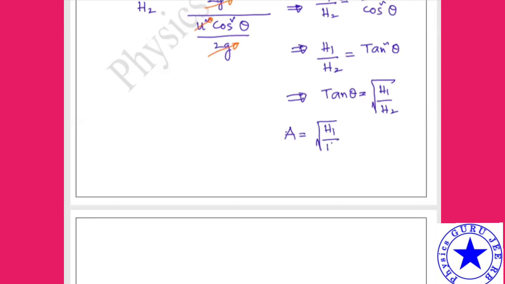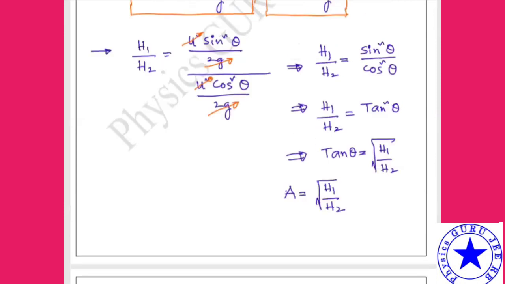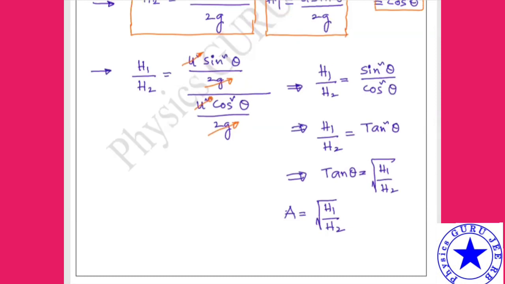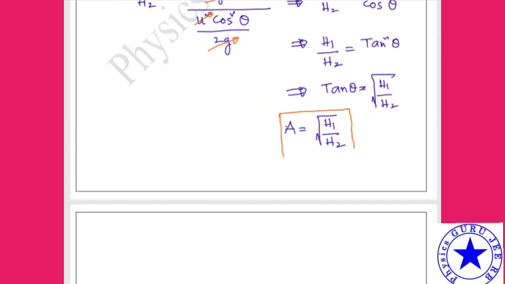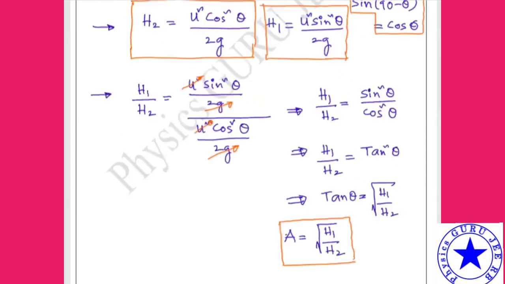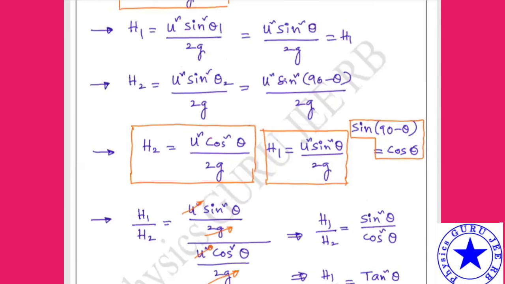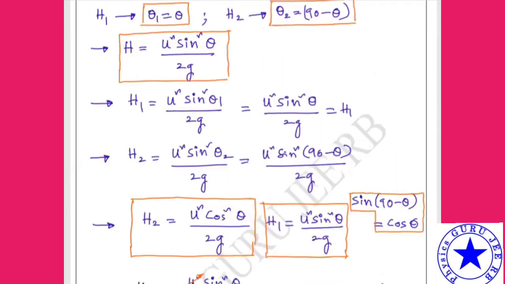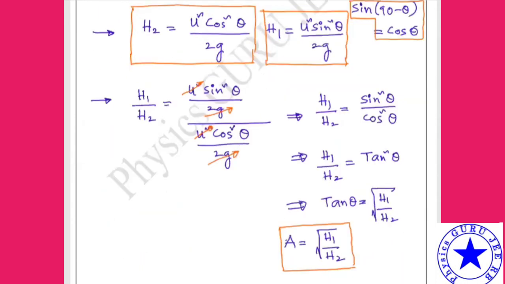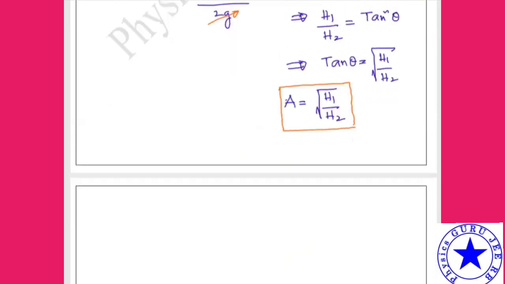This is nothing but a relation between a, h1 and h2 for complementary angles. Hope this is clear to you. Yes, clear. Sine of 90 minus theta, here theta 1 and theta 2. This is the ratio of heights, of complementary heights, we can say.